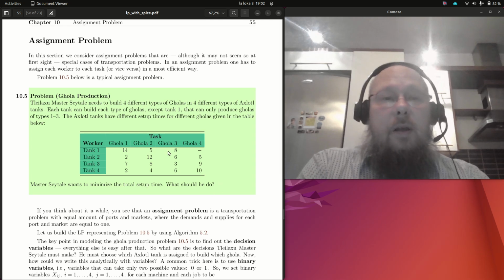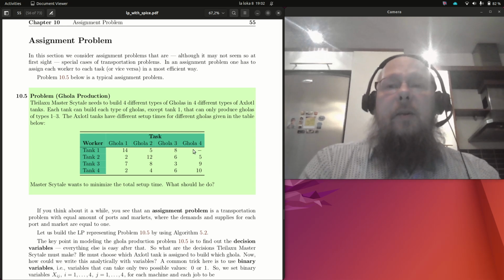These are the c_ij's. There is this minus sign saying that tank 1 cannot be assigned to Gola 4, so x14 must be 0, not 1. How do we do that? We have seen this before. This is the big M trick.